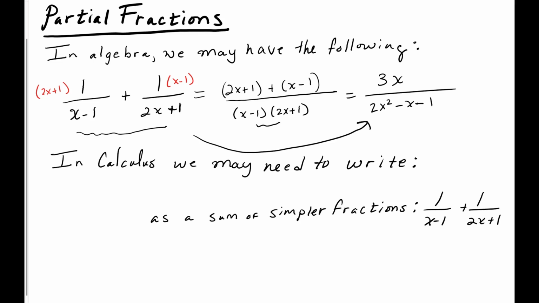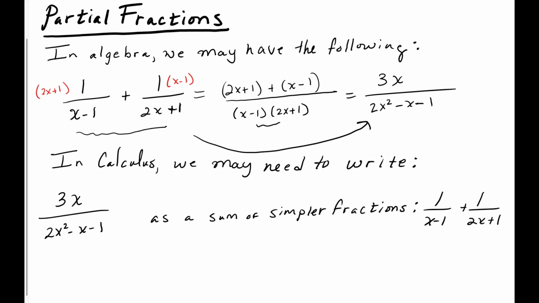In calculus, and this is assuming maybe you're watching this in a calculus course, or in a pre-calculus course preparing for calculus, we may need to write something like 3x over 2x squared minus x minus 1 as a sum of simpler fractions.